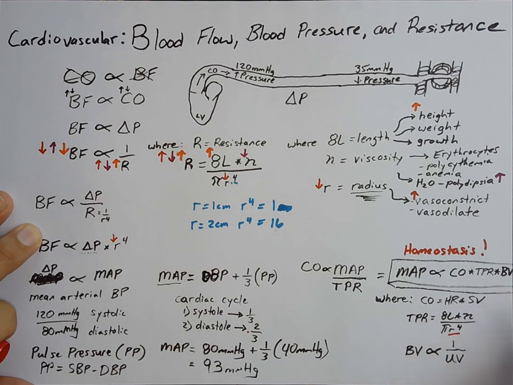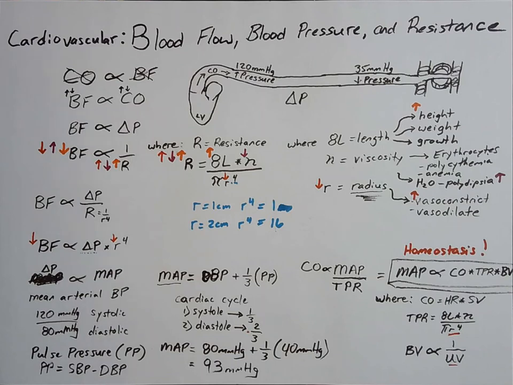And what about blood volume? Can we change blood volume? We sure can. How can we do that? We can change urine volume. So a patient now that has a MAP that's too high, are they going to pee more or are they going to pee less? They're going to pee more, right? There's a lot of hormones that are involved in that process.